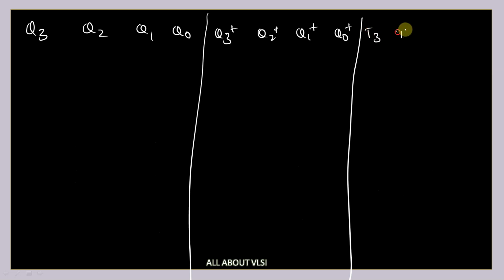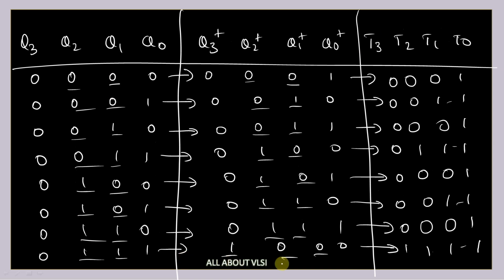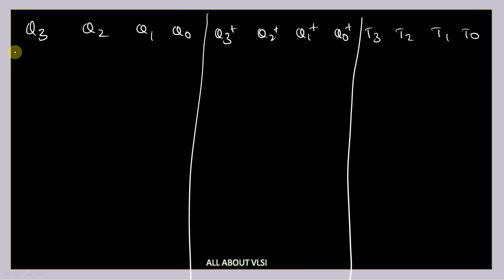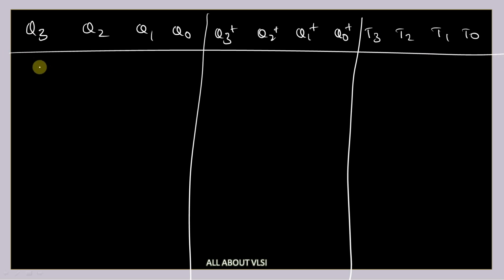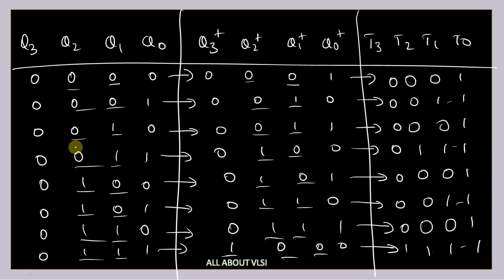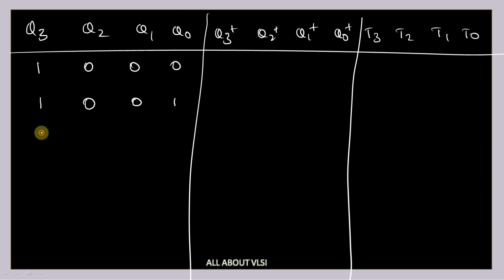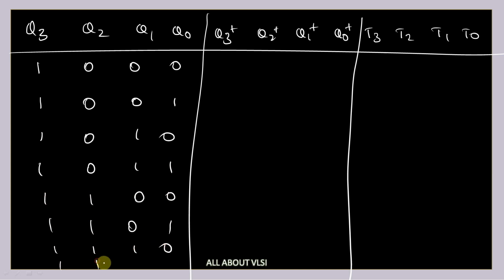This is T3, T2, T1, and T0. So I have 0, 0, 1, 1 and 1, 0, 0, 0, 1, 0, 0, 1, 1, 0, 1, 0, 1, 0, 1, 1, 1, 1, 0, 0, 1, 1, 0, 1, 1, 1, 1, 0, 1, 1, 1, 1.